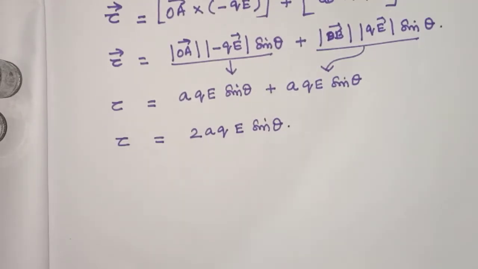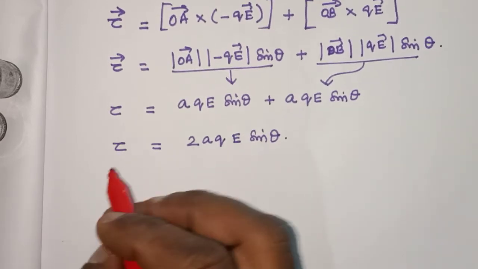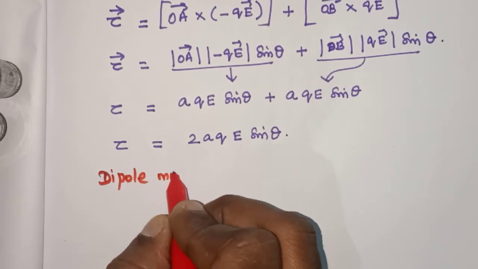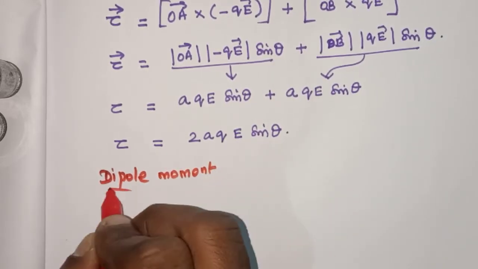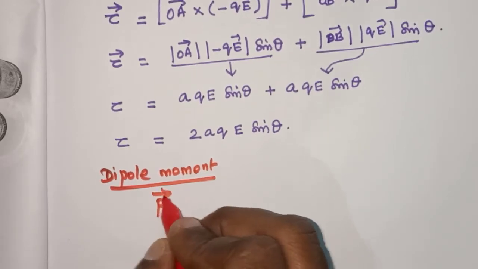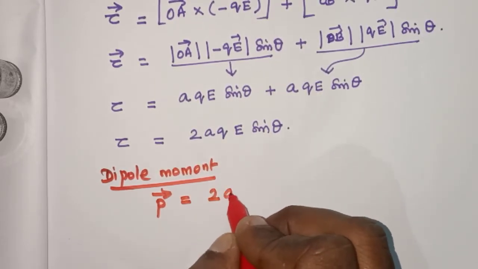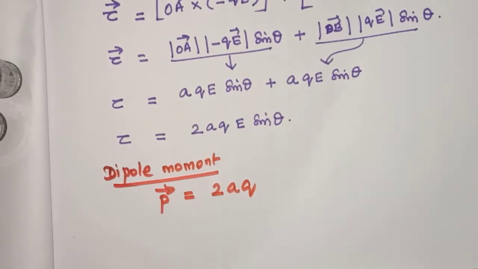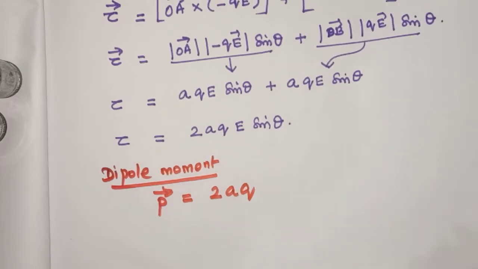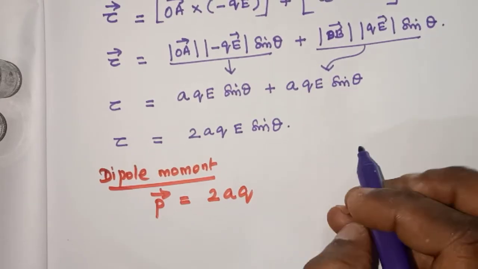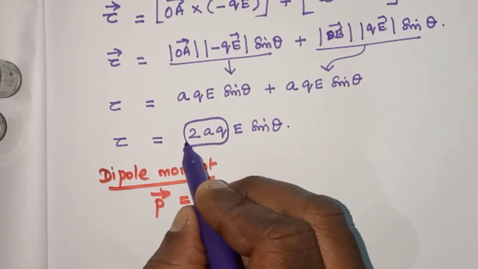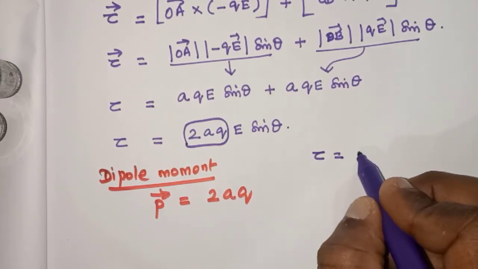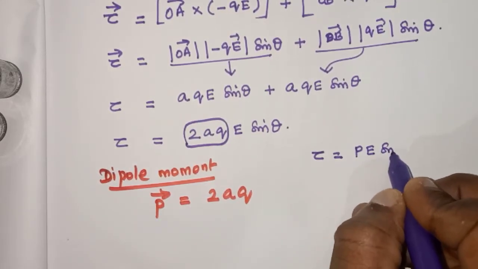We already know the electric dipole moment P vector equals 2aQ. So instead of 2aQ, I am writing tau is equal to PE sin theta.